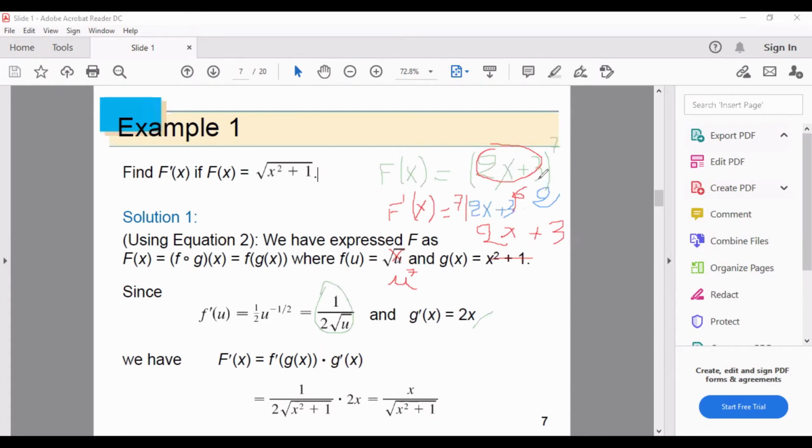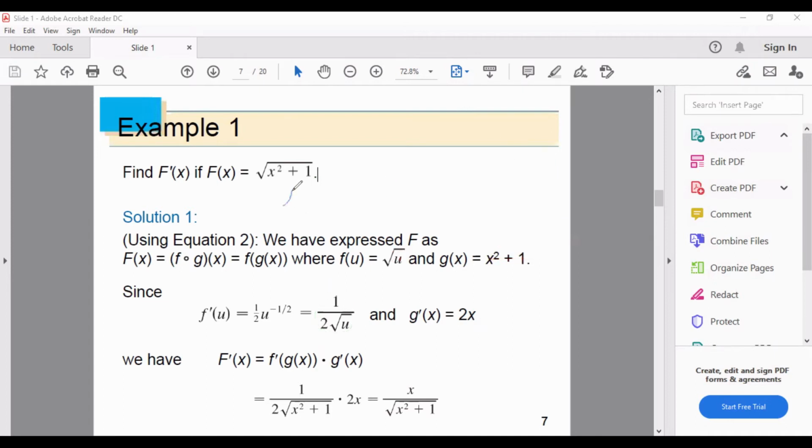The derivative of u to the 7 is 7u to the 6. However, we have to substitute u by the function inside, which is 2x plus 3, because in your formula we have f prime at the point g of x. That means f prime at the inside function, times the derivative of the inside function. Is it clear? Let's do another one.